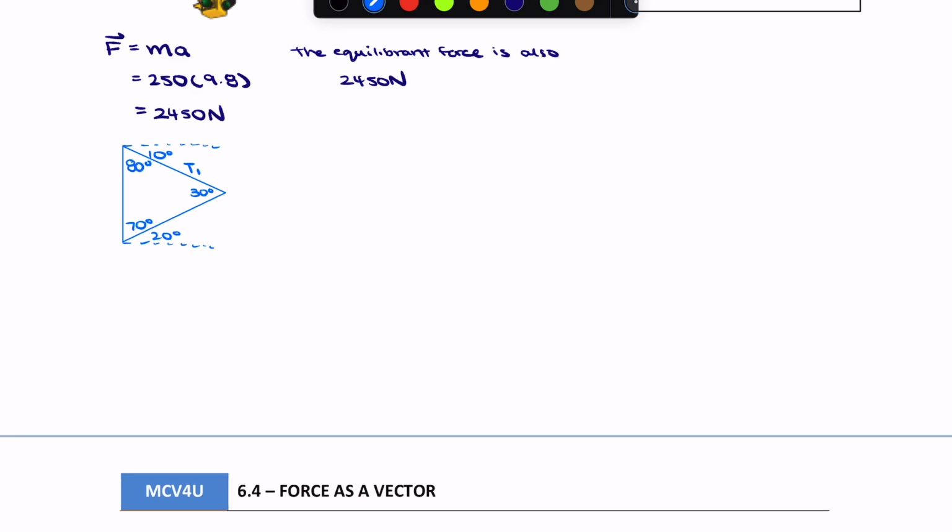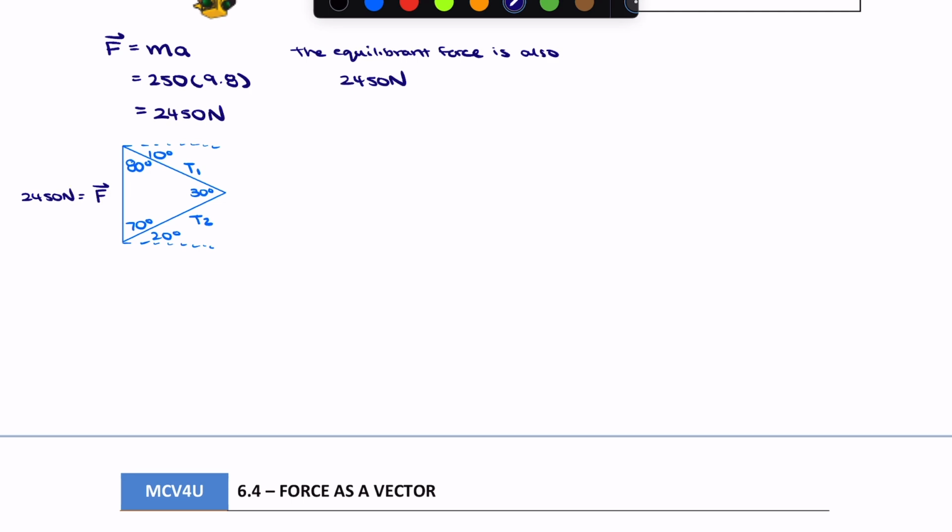And this angle would have to be 30 degrees because, again, 180 minus 80 minus 70 would give us this 30 degrees. And here, this would be the tension here. Here, we calculate it again. The force that's acting upon this is 2,450 newtons.